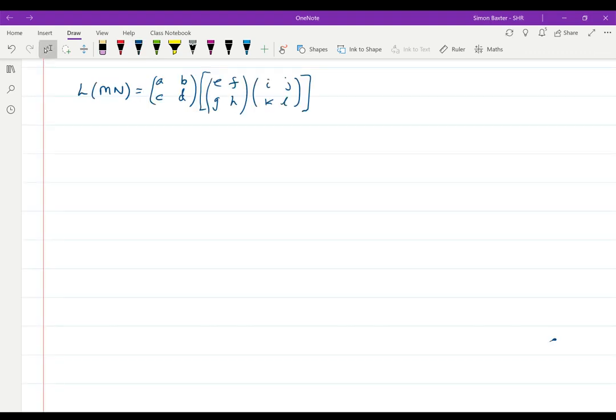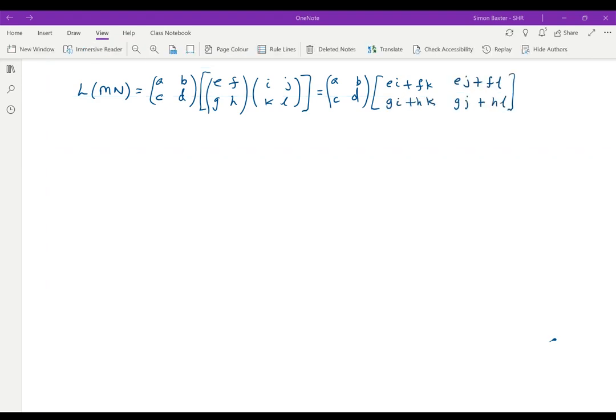If our three matrices are as shown in the diagram, then we would first of all multiply the two matrices for M and N together. So we would do EF times IK, and then EF times JL. And now we multiply everything by A, B, C, D.